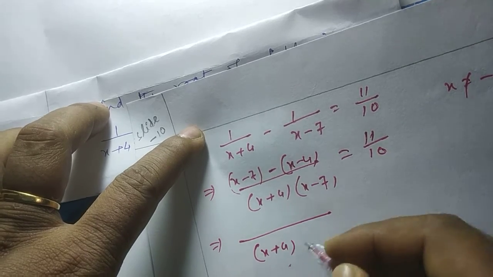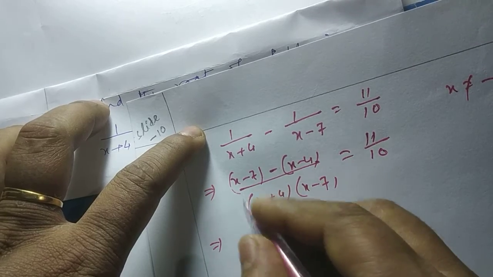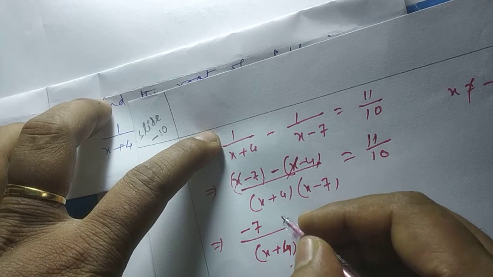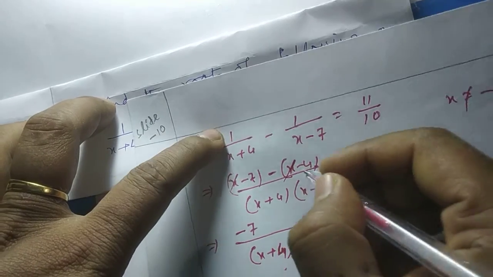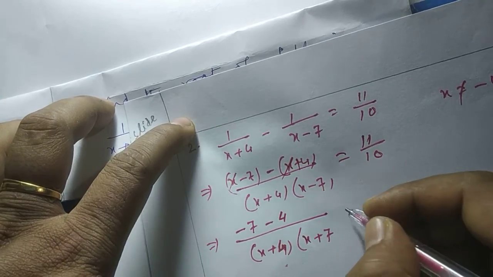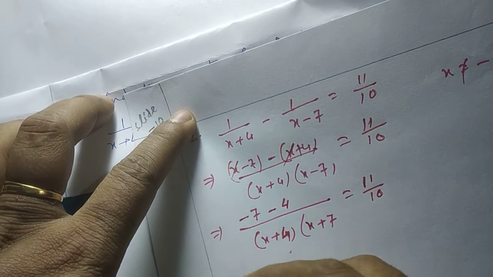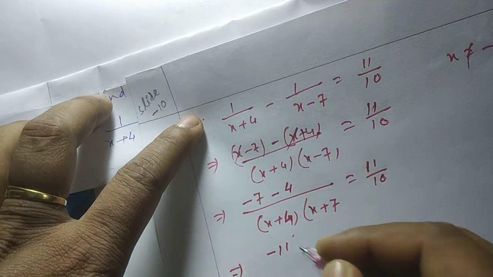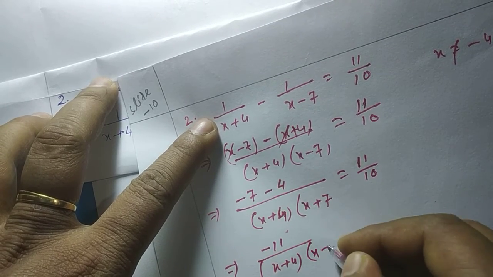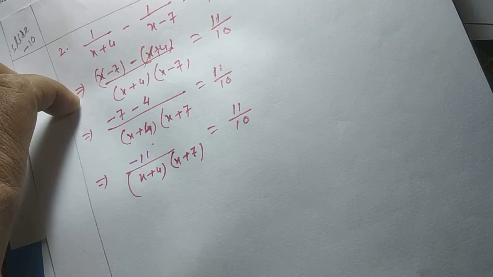Open the bracket, it will be plus. So x minus 7 minus x minus 4 gives minus 11. So minus 11 by (x plus 4)(x minus 7) equal to 11 by 10, correct?